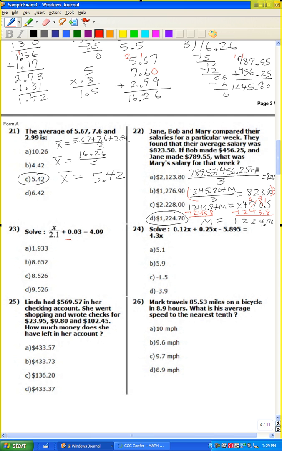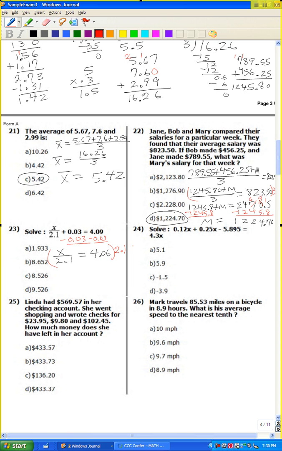Let me subtract 0.3 from both sides of my equation. So x over 2.1 is equal to 4.06. Let me multiply both sides of my equation by 2.1.